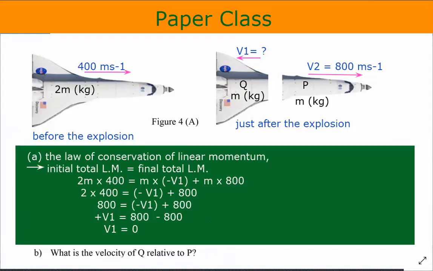A student asked whether it is possible for the rocket to move faster than the exhaust velocity. That is impossible, because even in this question it is confirmed. The velocity of the rocket is 150. The velocity of the gas relative to the earth is 9,850. So the velocity of the gas is very much larger than the velocity of the rocket.